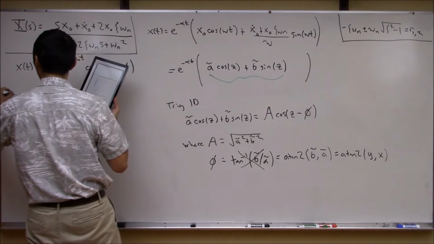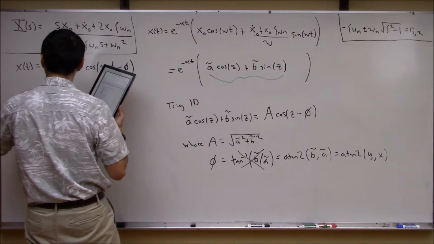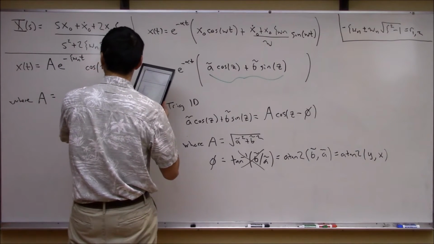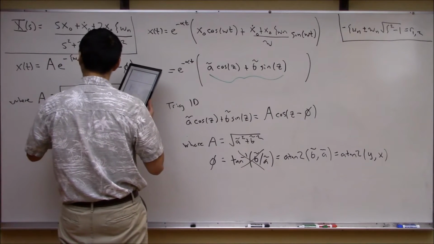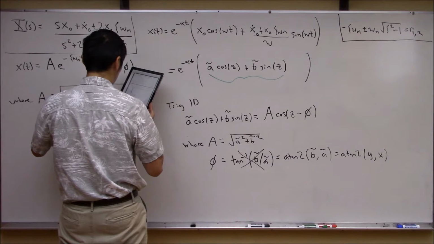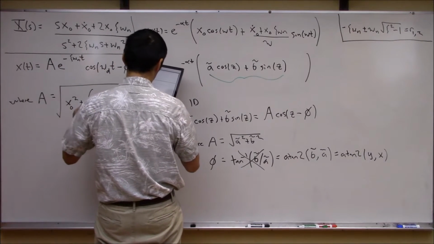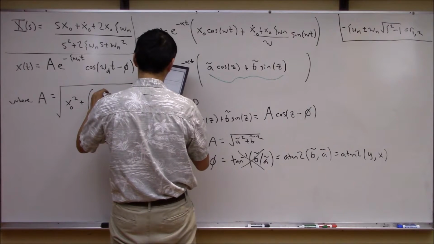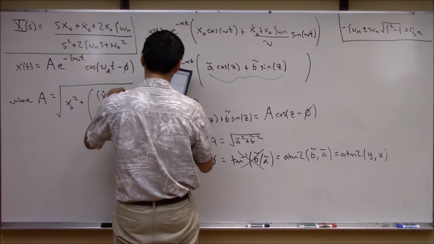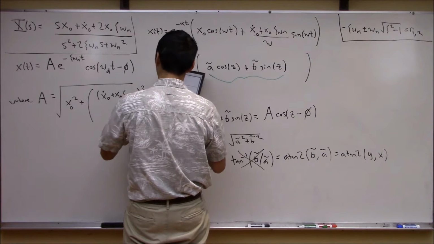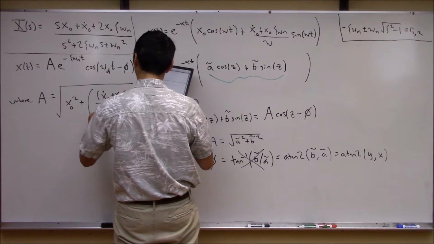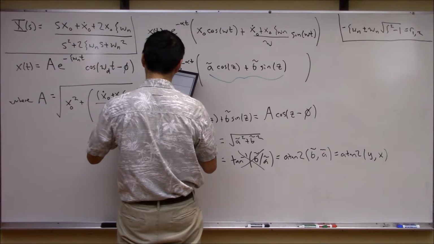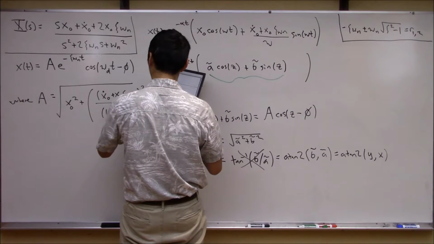The big constant A is a little bit ugly: it's the square root of the initial position squared plus the quantity (x dot 0 plus x0 zeta omega n) squared, all over (1 minus zeta squared) omega n squared.